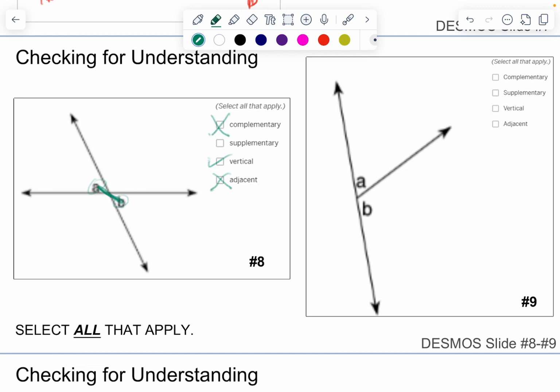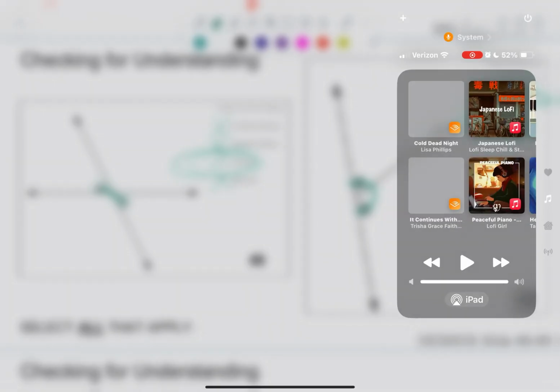They're not complementary and they're not supplementary. They're only vertical. Right here, angle A and angle B. If I put my pencil on angle A, I can draw that arc right there, connecting those two angles. So when I can do that, that tells me I have supplementary angles. They are sitting right beside each other, so they are adjacent.